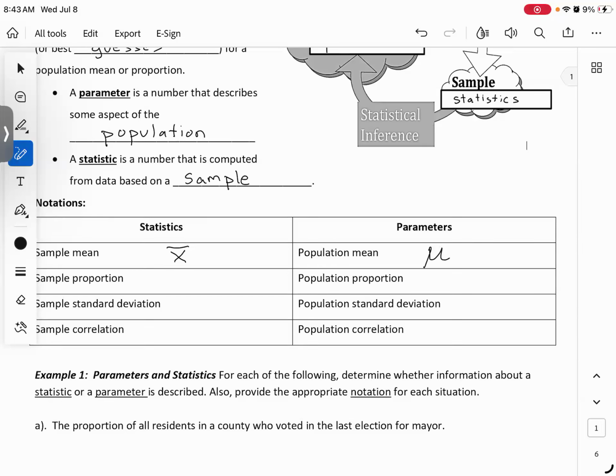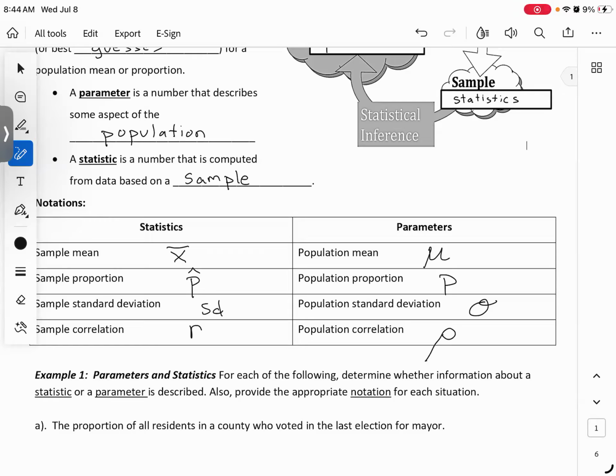Then we've got p hat and p, which we introduced at the beginning of chapter 2, for a proportion from just a sample or the proportion from every single person. Then we've got standard deviation, with s and sigma as the notations, respectively, for sample and population. And then we've got correlation, which is the lowercase r and rho.